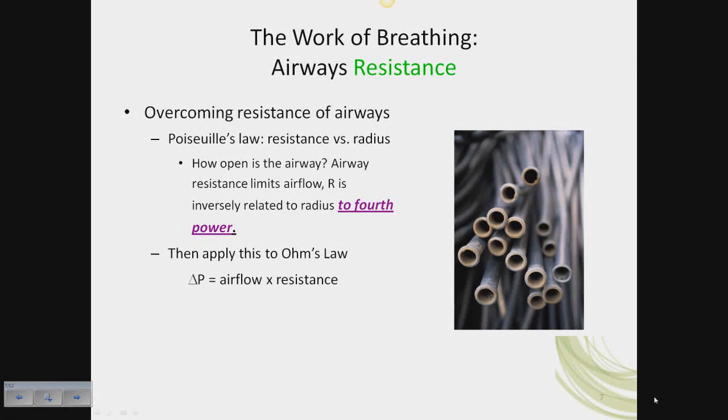So I want you to remember that Poiseuille's law states that resistance and radius are inversely related. If radius goes up, resistance goes down. If radius goes down, resistance goes up. And this relationship is not a linear relationship, it's to the power of 4. So we need to think about that and apply that to Ohm's law.